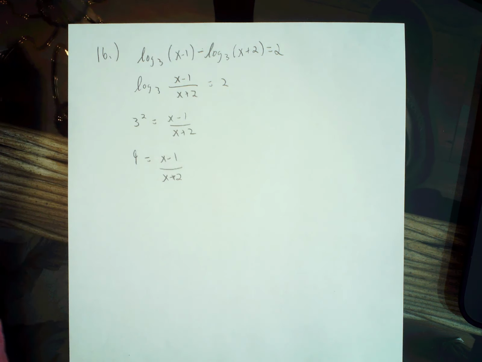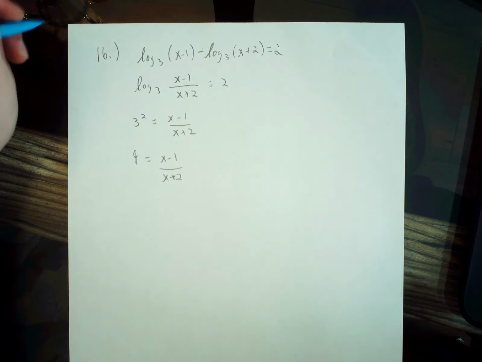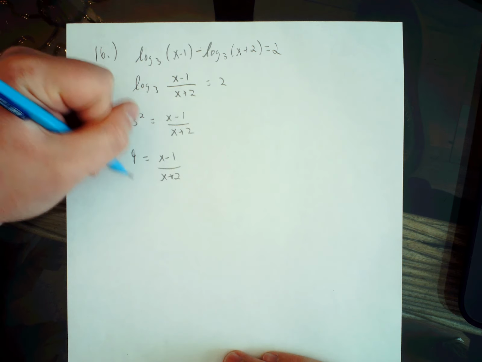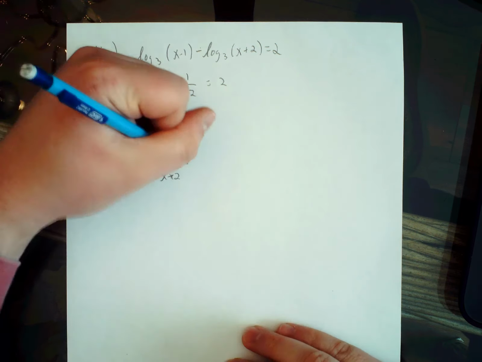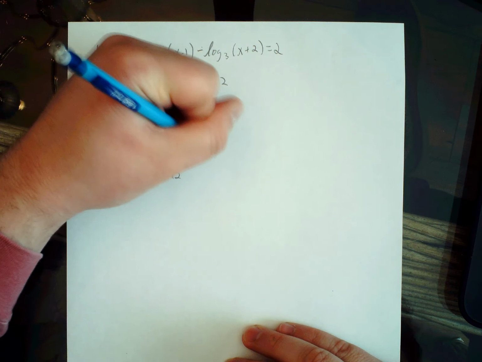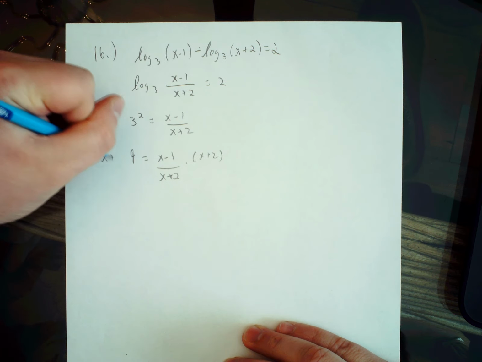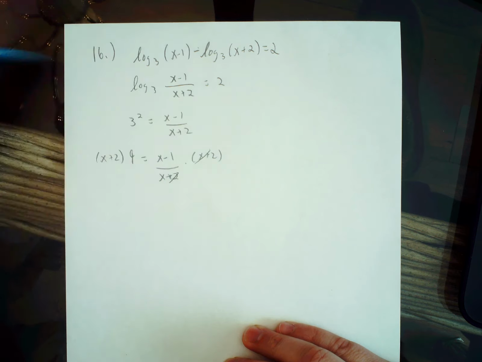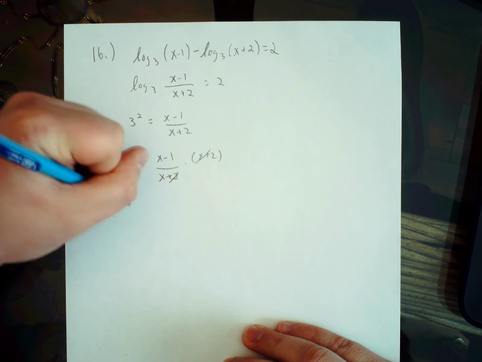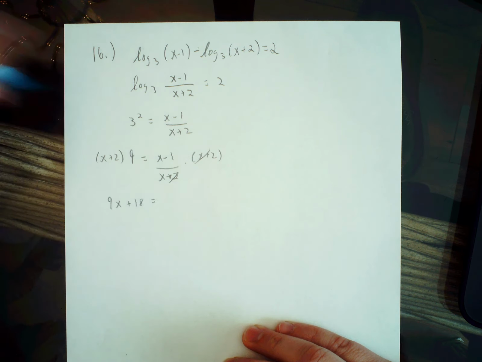Now remember, we need to solve for x here. So you can put this over 1 and cross multiply, or you just multiply by x plus 2 on both sides. Those cancel. So that gives me 9x plus 18 equals x minus 1.